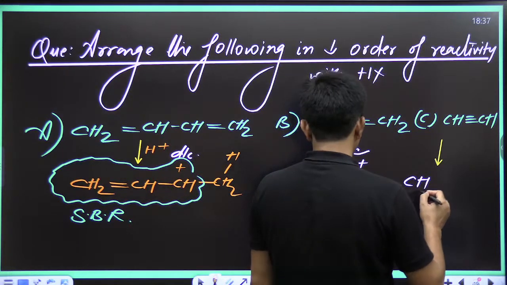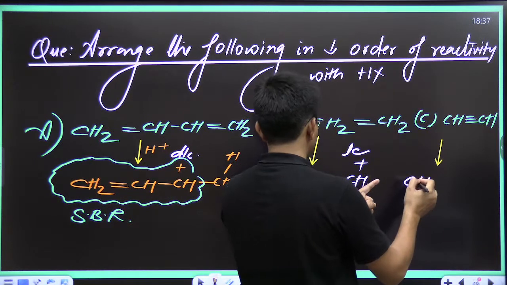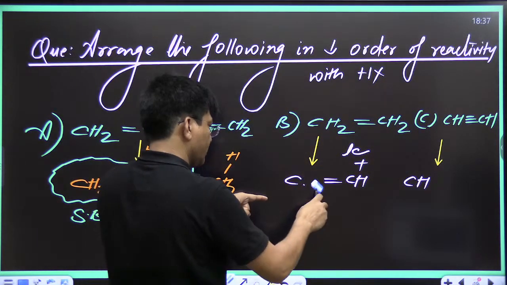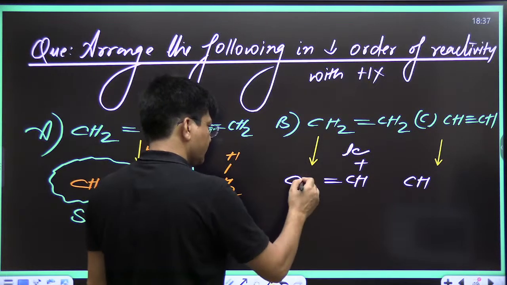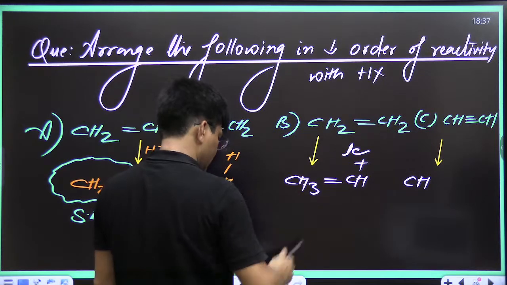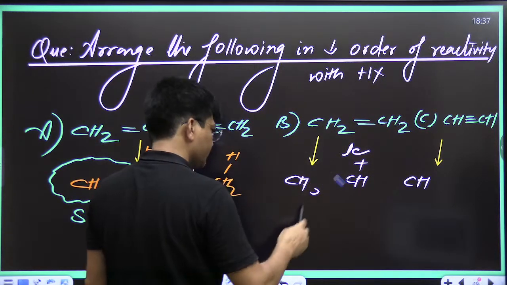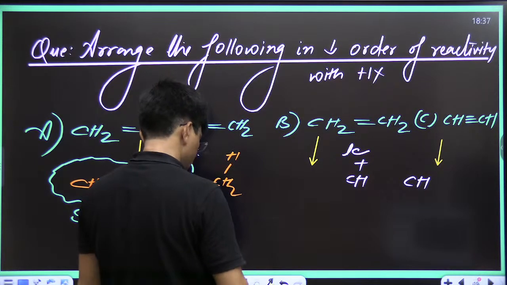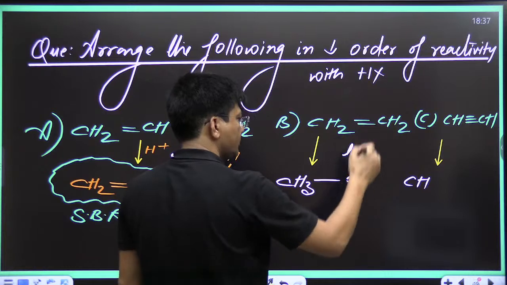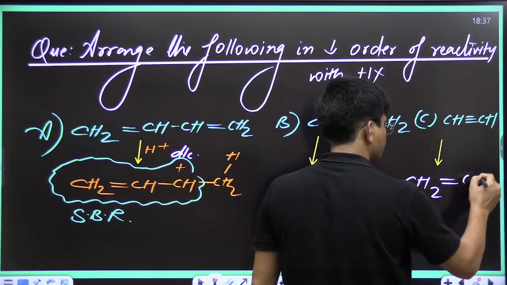Here it was CH3, kids, because H has attacked over here, and this was a single bond. So CH3, CH2 plus, and here it is CH2 double bond CH plus.